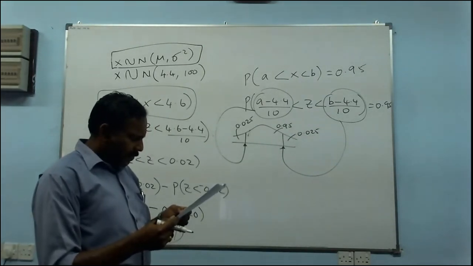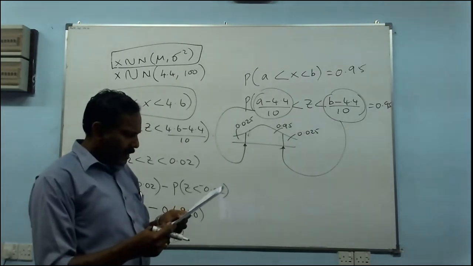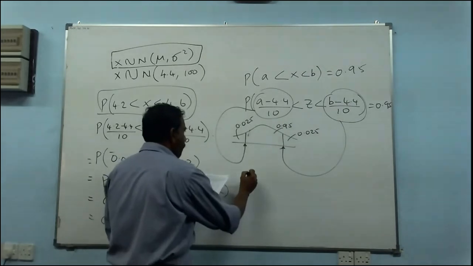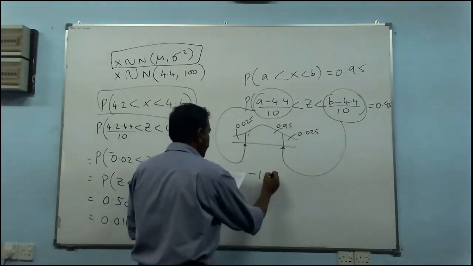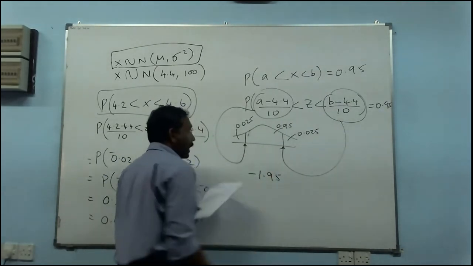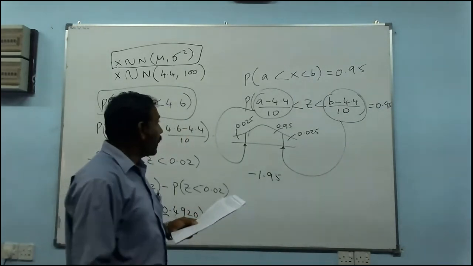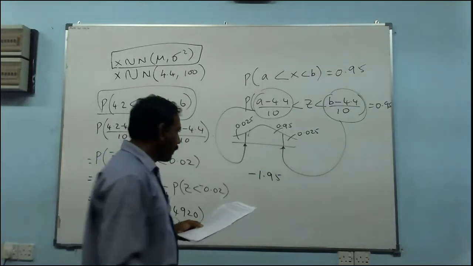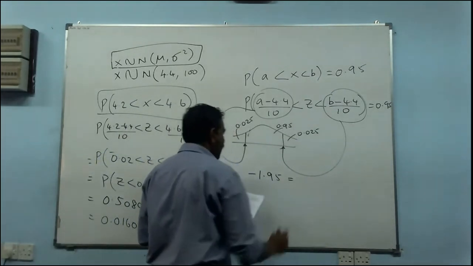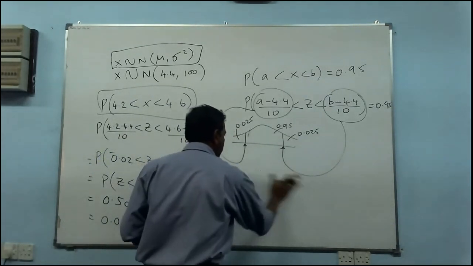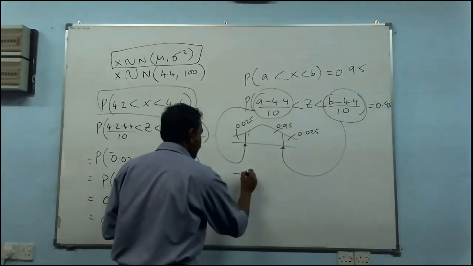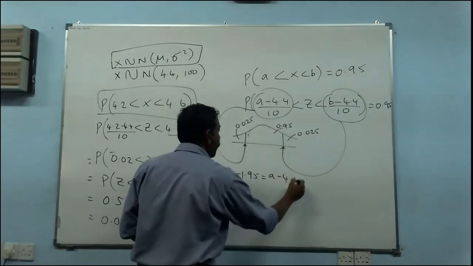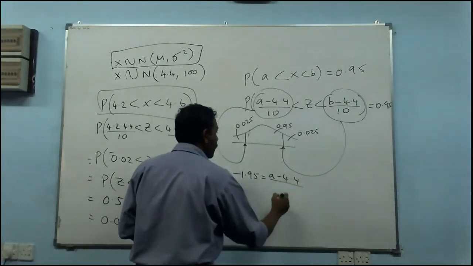I will get a much closer value, right? I don't take the average, I will take a much closer value, minus 1.95. So that is not the A value, right? That is the value in Z. Minus 1.95 is equal to (A minus 4.4) divided by 10.